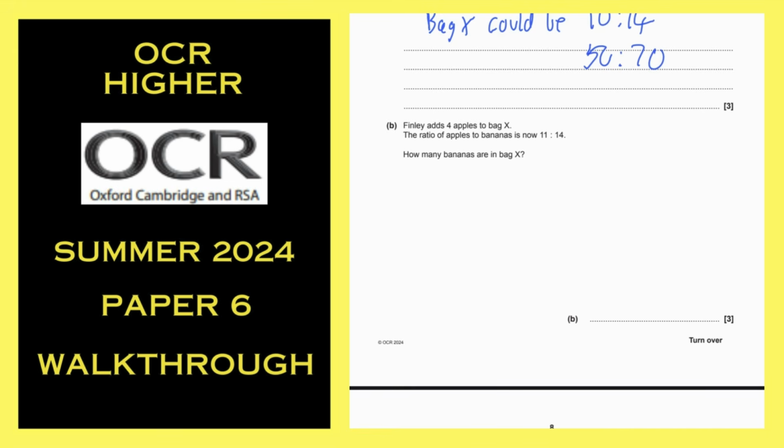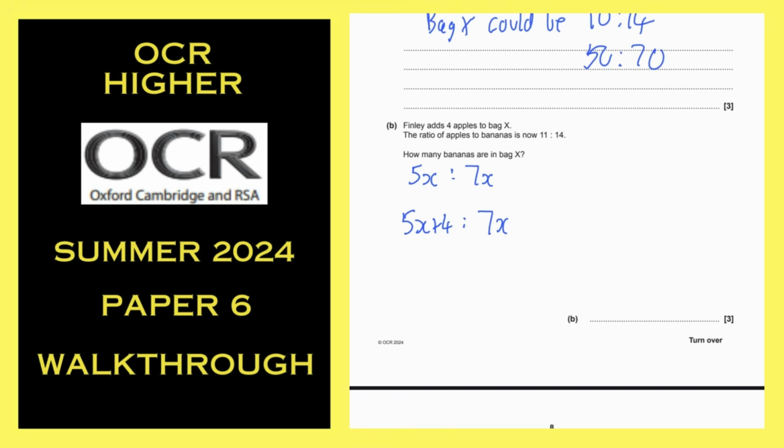So my argument is, bag X started with a multiple of 5 apples and a multiple of 7 bananas. We added 4 apples. We didn't add 4 bananas.